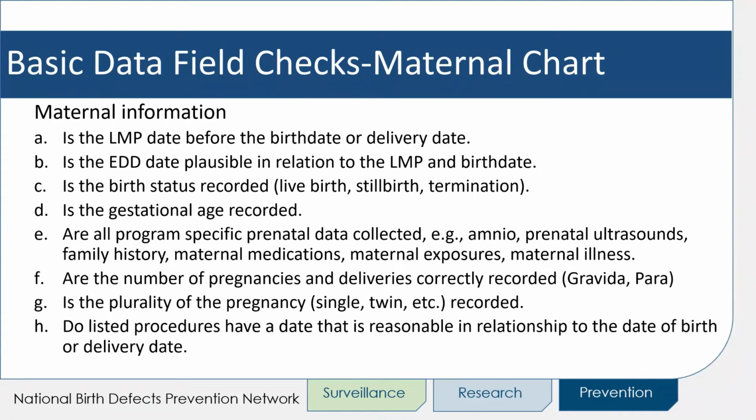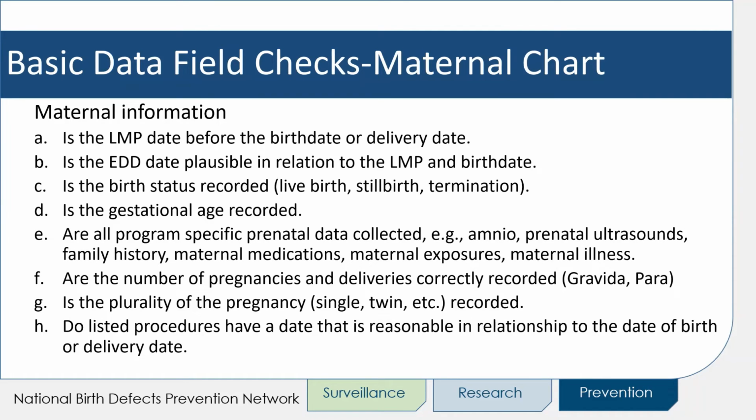Are all program-specific prenatal data collected, such as amniocentesis, prenatal ultrasounds, family history, maternal medications, maternal exposures, and maternal illness? Are the number of pregnancies and deliveries correctly recorded, referring to the gravida and the para numbers?